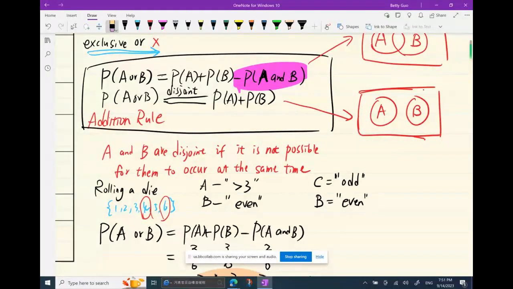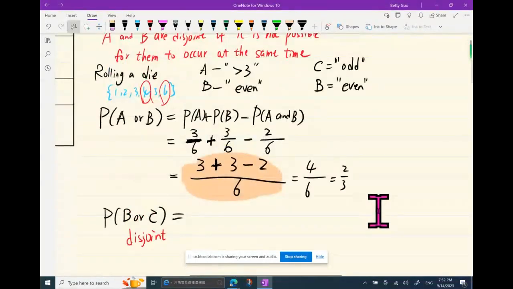Why? Because when A and B are disjoint, they cannot occur at the same time. A and B is impossible, so the probability of A and B is 0. That's why we don't have that term anymore. So use the addition rule for the probability of B or C. Since B and C are disjoint, we use the second formula, P of B plus P of C. Very symmetrical formula, right?